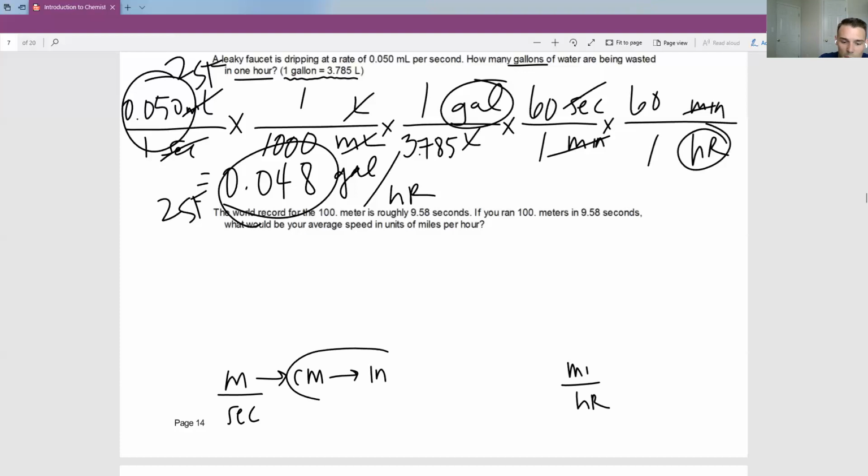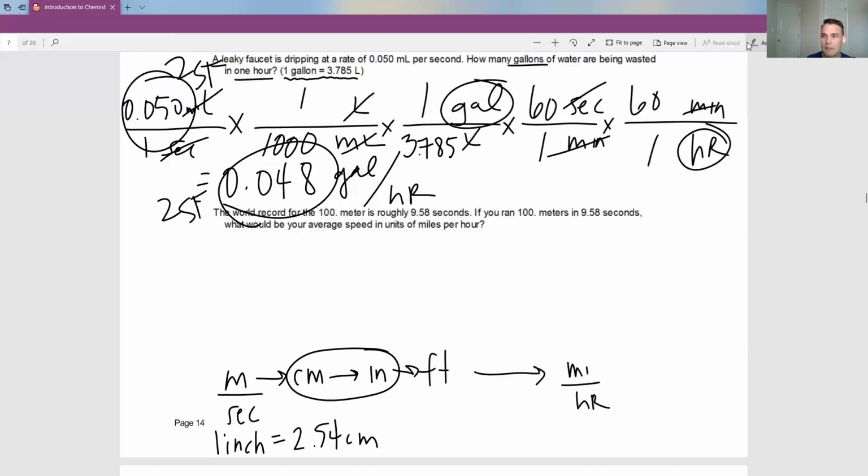This is the one that's important for this problem, but you might not know that conversion. So 1 inch equals 2.54 centimeters. That conversion is important because it's going to be able to convert from a metric to an English unit, the ones that we use. And then we can go inches to feet, and then we can do feet to miles. That one's easy.